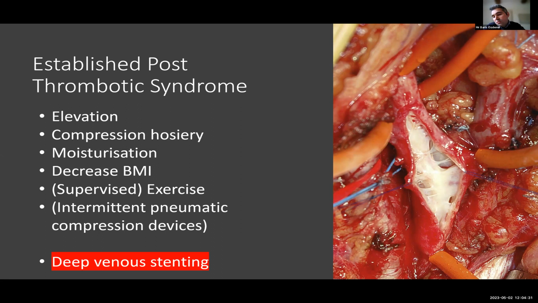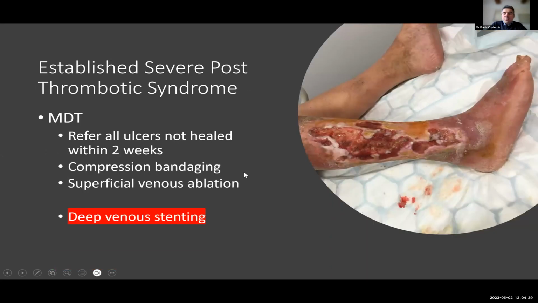So this is the actual inside of a post-thrombotic vein. If the problem is in the iliofemoral segment, we may be able to treat those patients with deep venous stenting again by recanalizing their veins, using radiological strategies, and then stenting them open.